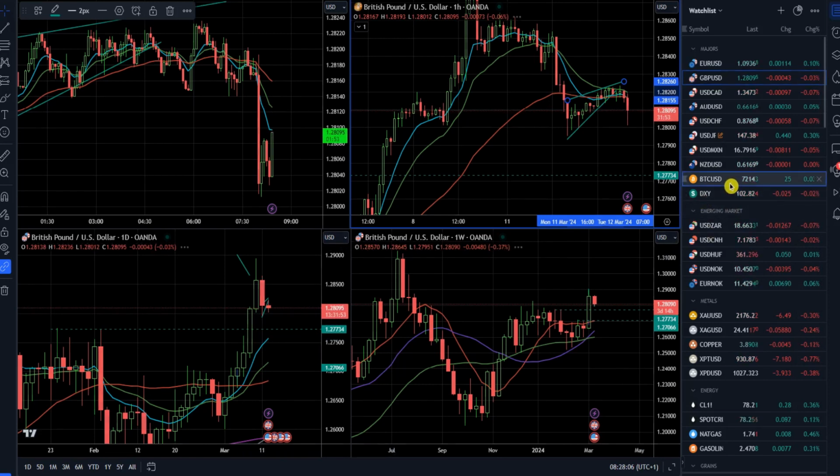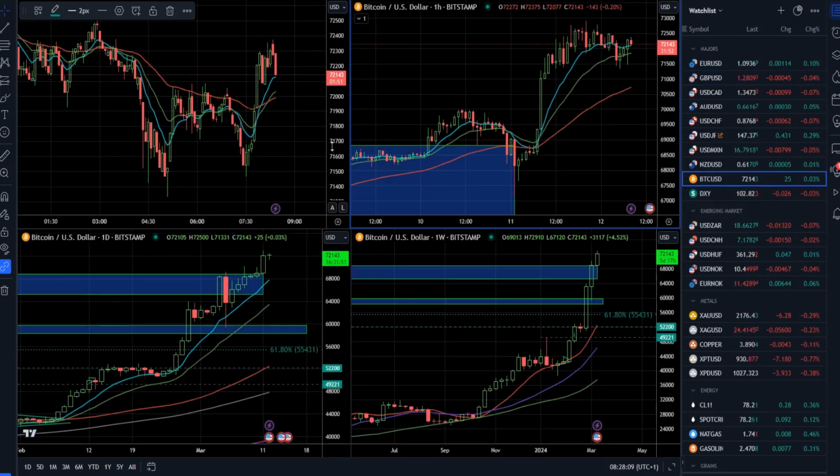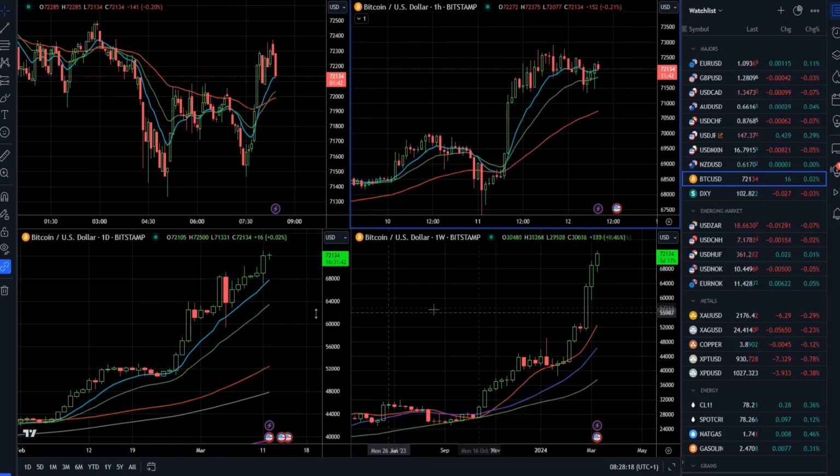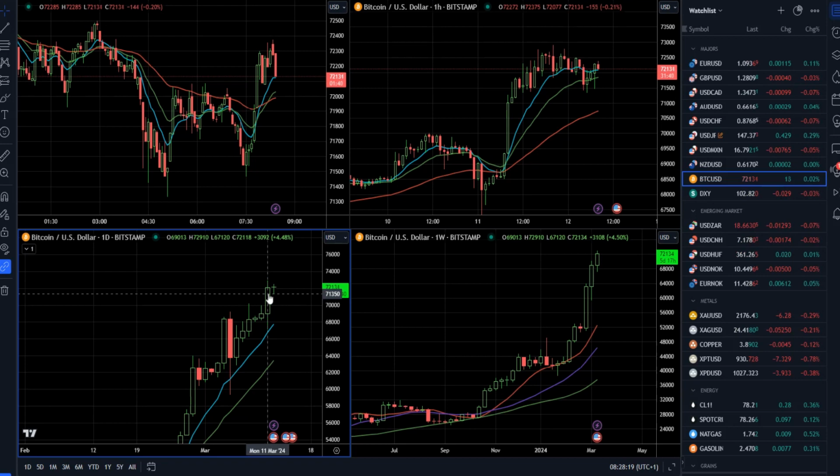continuation. Now on the Bitcoin versus US dollar, we can see the market broke the 70,000 mark. It's trading around the 72,000 mark on the hourly time frame. So let's first see, we had an outside day yesterday.